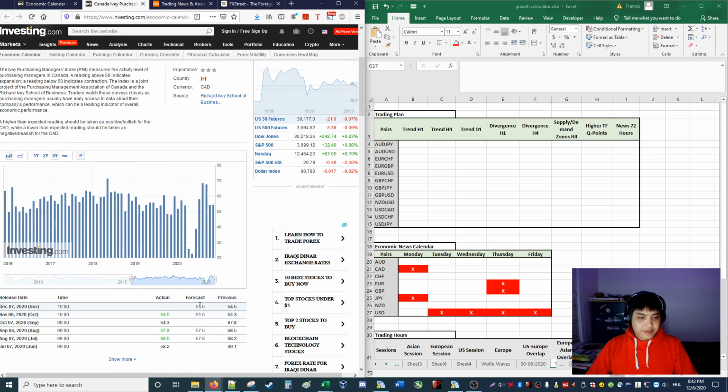So forecast is 51.5. We are at 54.5. So that's lower. 51.5, 54, 6.7. So that's not really good for the Canadian dollar. Doesn't look good.